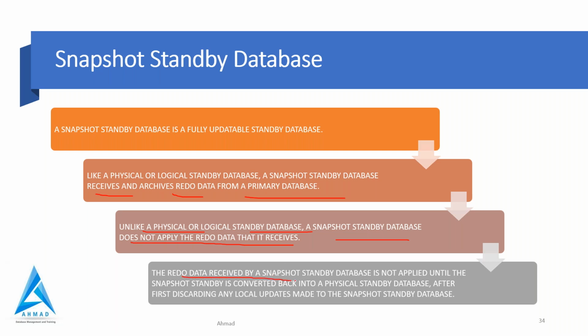The redo data, whatever it has received, will not be applied until the snapshot standby database is converted back into a physical standby database. So the important thing is how to configure a snapshot: you convert the physical standby database into a snapshot standby, and after that, if you convert it back to physical, then redo will apply on the physical standby. So that is the thing.